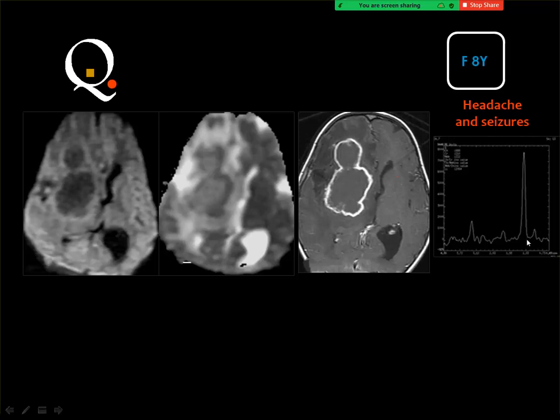And this MR spectroscopy is supportive that this is not a neoplastic lesion because there is no choline nor any of the known metabolites except for the lipids and the lactate.